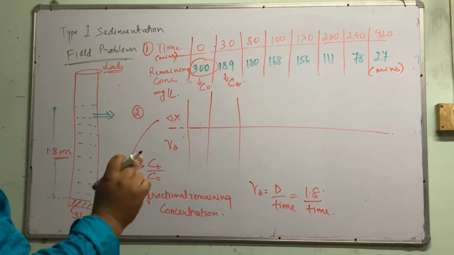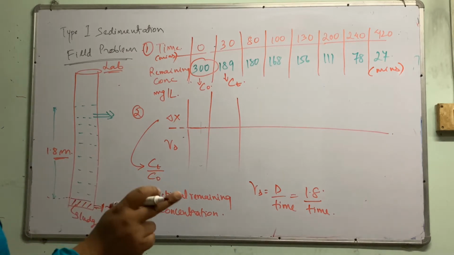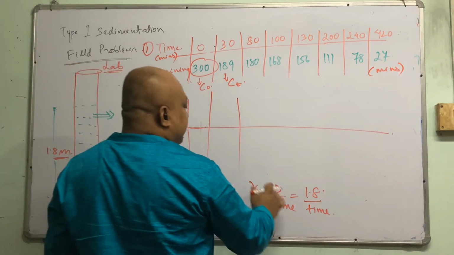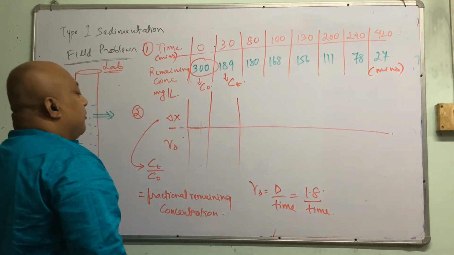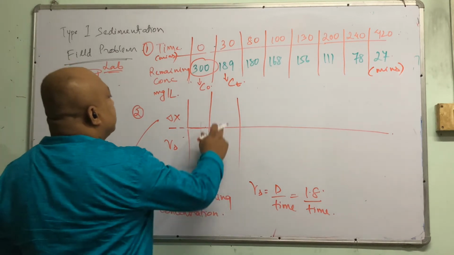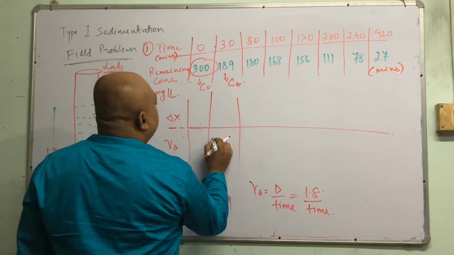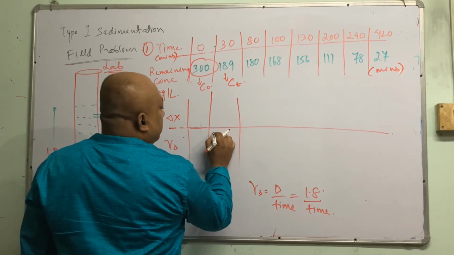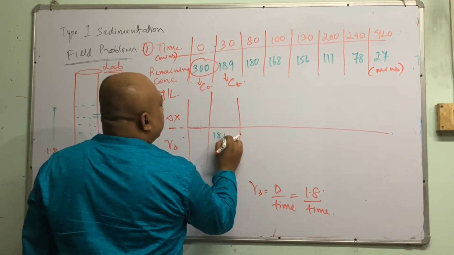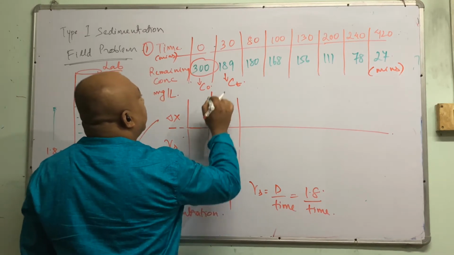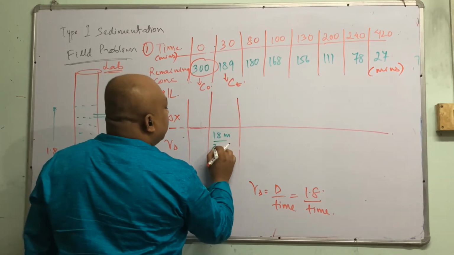We are not estimating for a particular definite size, but rather for the whole concentration. So this settling velocity will be 1.8 meter divided by 30 minutes.